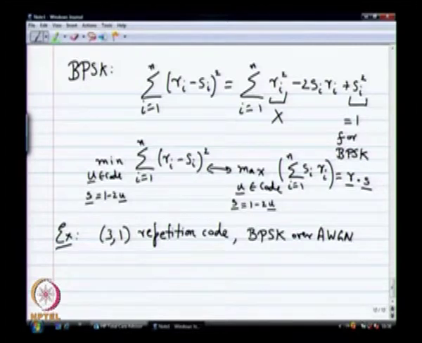Okay. The way we will do this example is, I will give you some received vectors, you have to do, let us say, ML soft decoding and tell me what the transmitted bit was, I mean the message bit, you can directly find the message bit or the code word, any one you can do. Is that okay? So the first one I am going to give you is, let us say, 0.1, 0.2, 0.3.